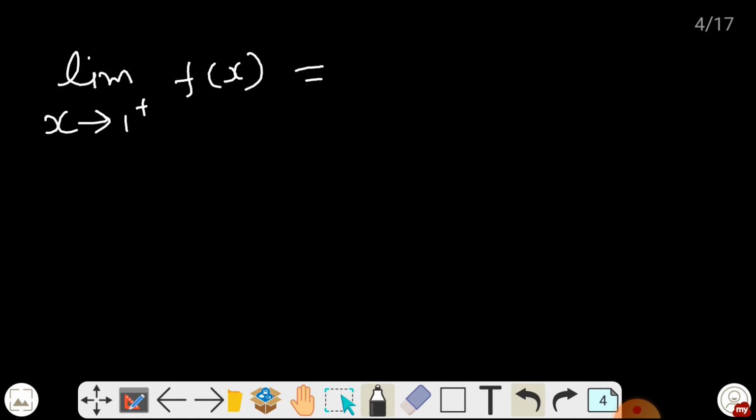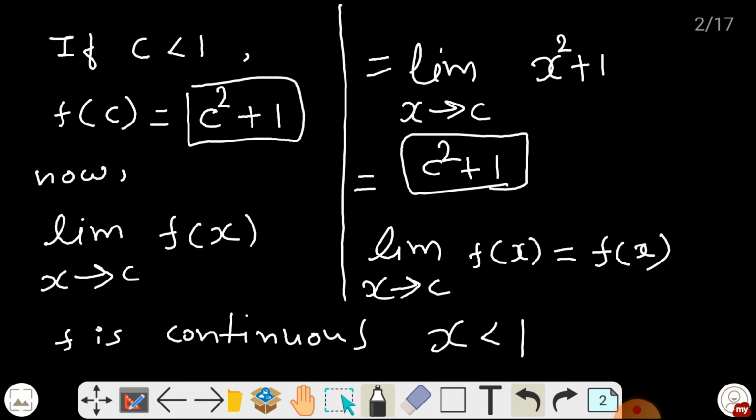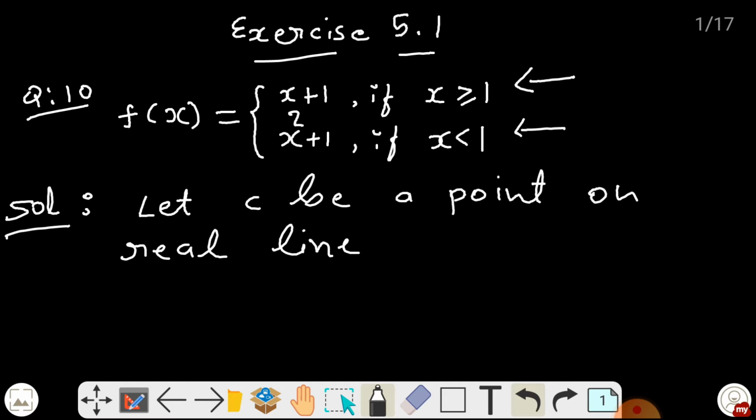Sorry, I have made a mistake here: it should be x square plus 1, because left limit means all the points which are less than 1, and for all points less than 1 we have x square plus 1.